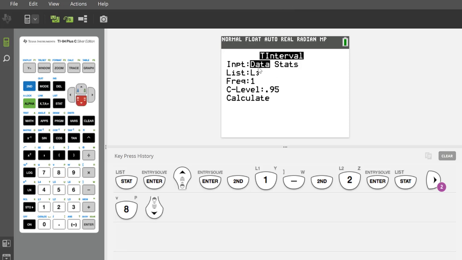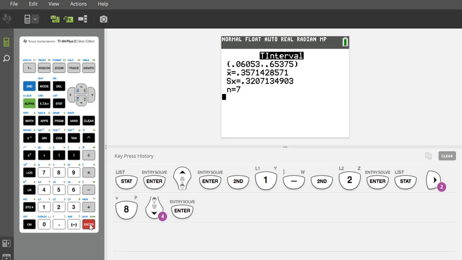So instead, I'm going to keep it at data, and I want to again find the confidence interval for list 3. I'm going to go ahead and keep my confidence interval level at 0.95, and that would correspond to a two-tailed hypothesis test with a level of significance of 0.05. So down arrow over to calculate and press enter.